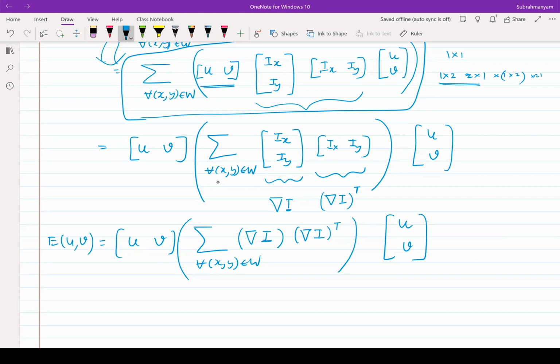That's one way. So what it is telling you is, you take the gradients both in x and y directions and you multiply them out. This is nothing but the outer product of gradients. Notice here, for each x and y, you do the outer product and then sum them all over the given window.